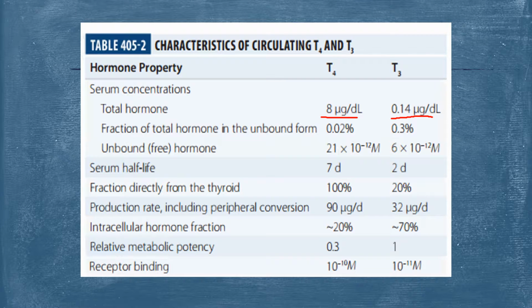So the T4 concentration is really 50-fold more than T3. Also, we can see differences in the half-lives. In the physiological part, we said that it is 24 hours, and on the clinical level, it is 2 days. And here only 20% is from the thyroid, and the other 80% is from the peripheral conversion of T4 into T3.